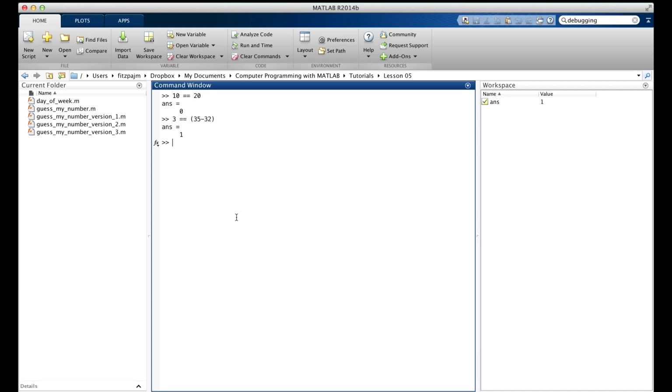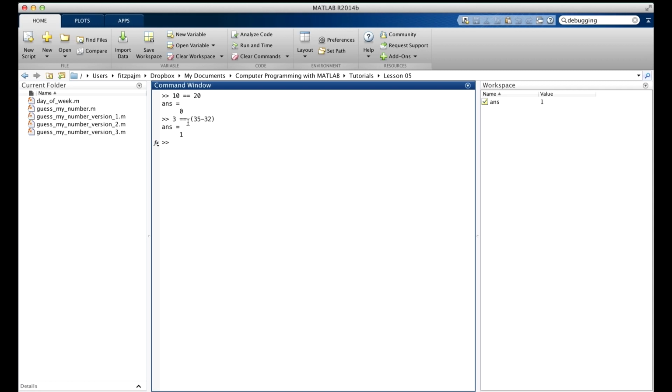Answer equals 1. In the first example, we asked MATLAB to calculate the value of the expression 10 double equals 20, and it told us that the value is 0. In MATLAB, when the operator double equals finds that its first operand, like 10, is not equal to its second operand, like 20, it returns the value 0, which means false.